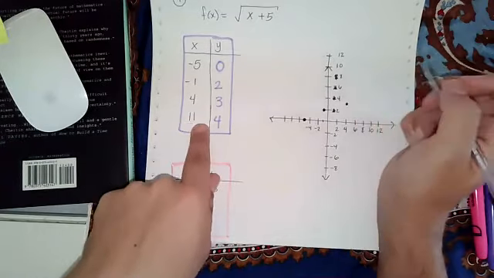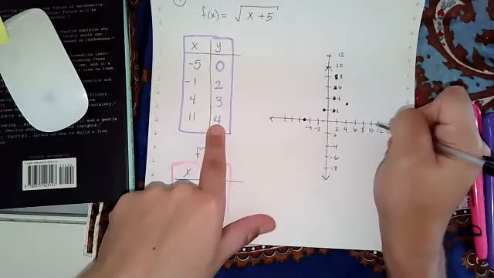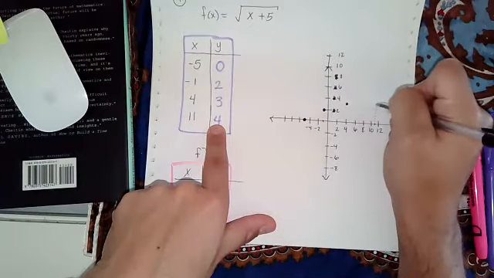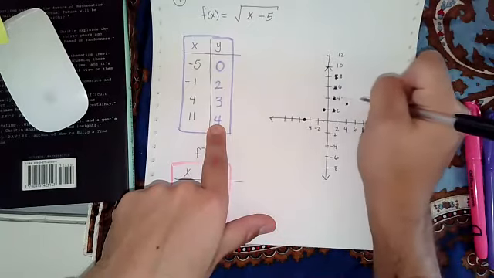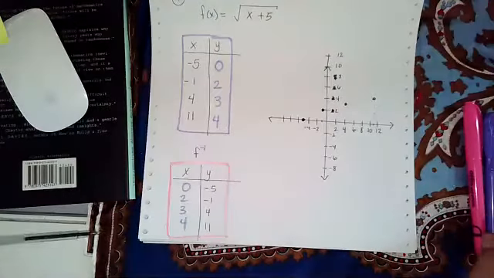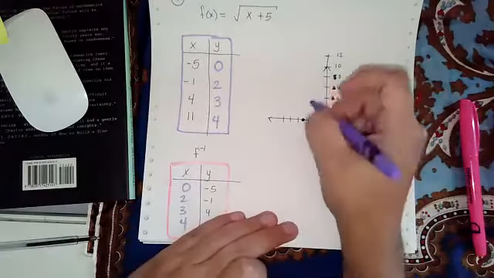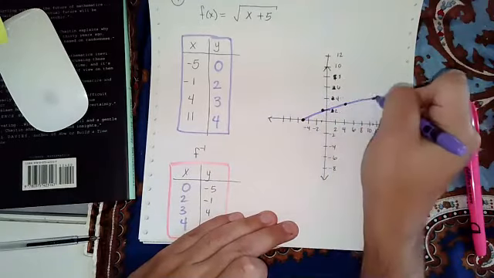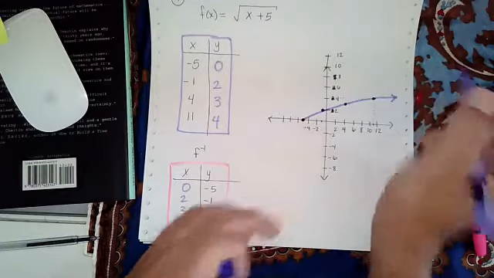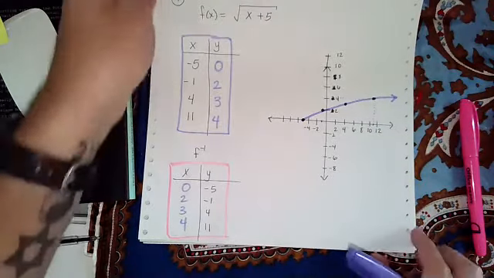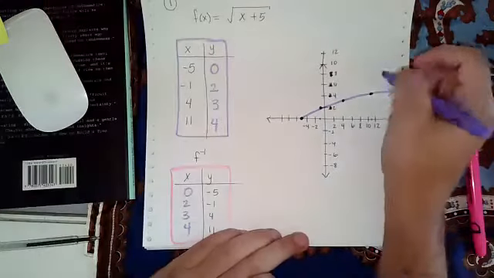And 11 and 4 will be 11, and 4 would be, get that dashed line just to guide us, right around there. So as with any square root function, when we connect this, it should be connected with sort of a curvy line, like so. So there's the function that we're going to call f.